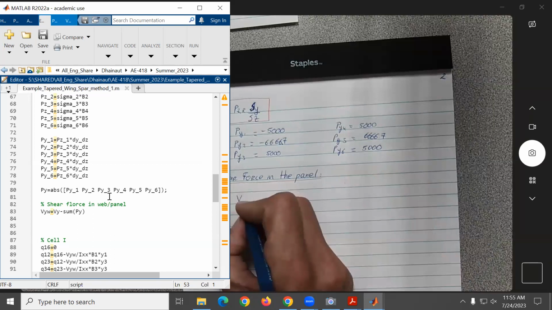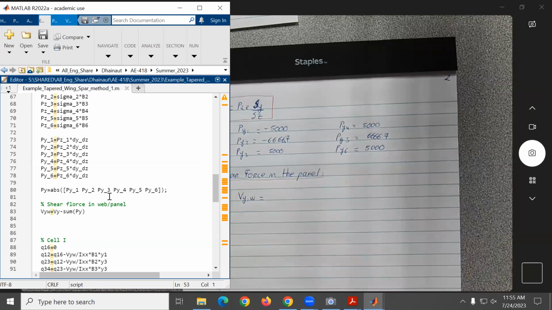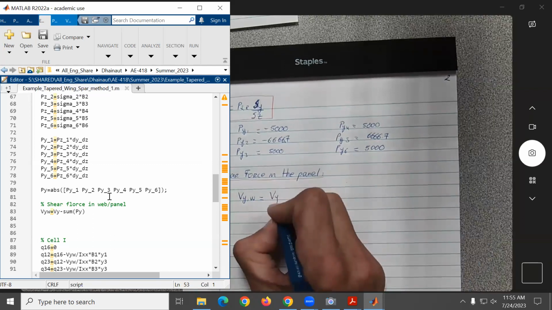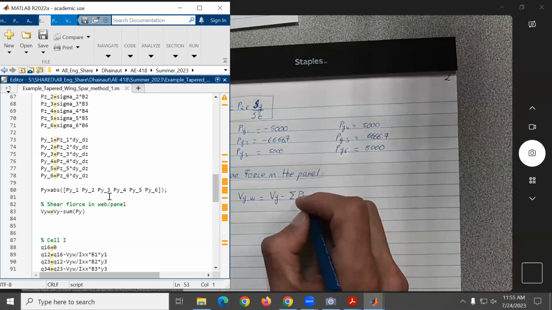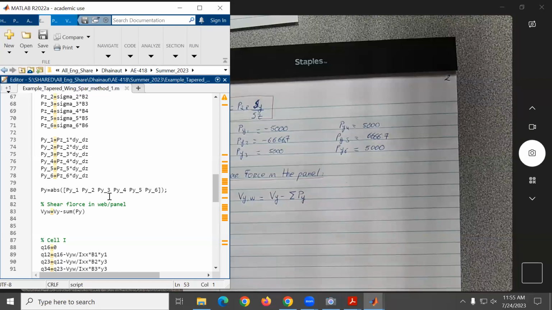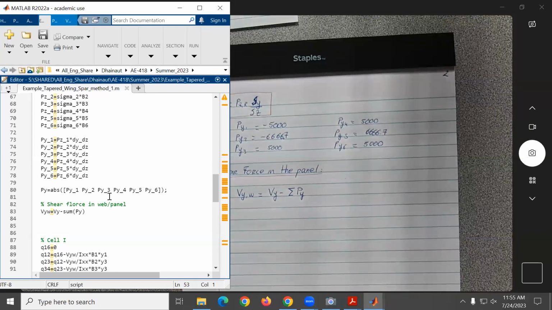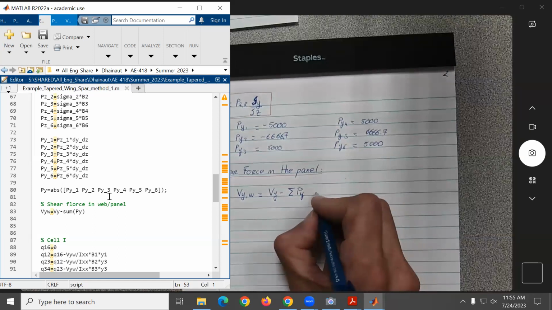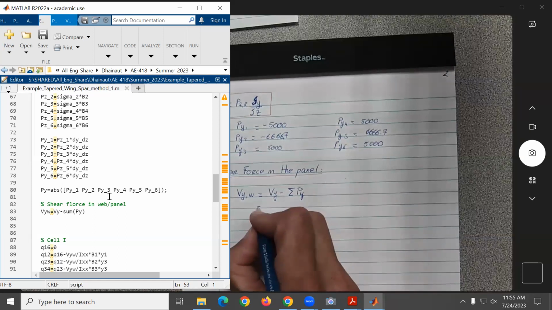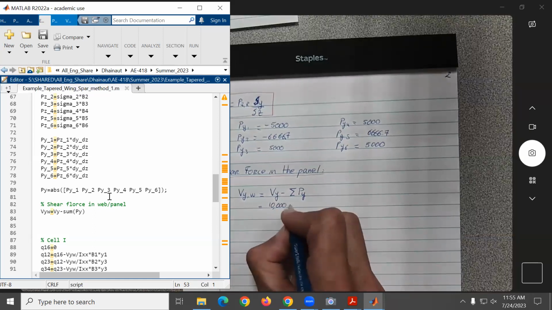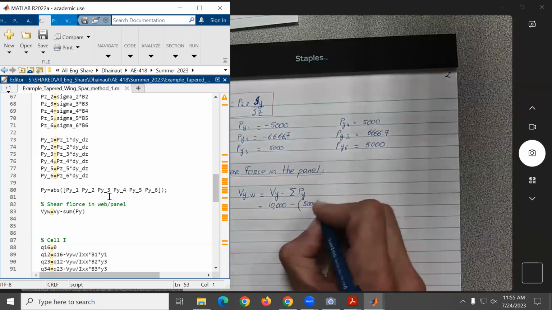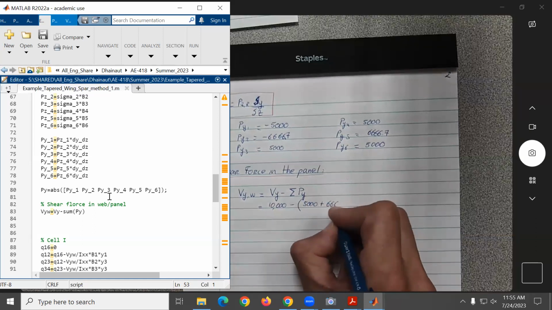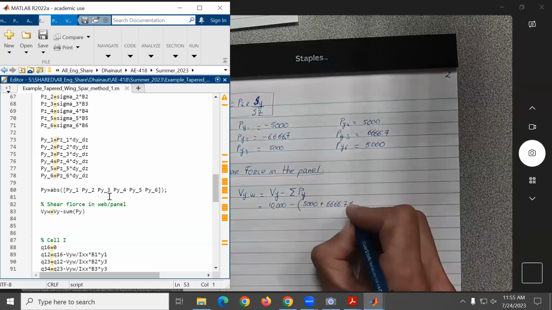We have Vw equal to the Vy, which is the external, minus the summation of all our P sub Y, sorry. So it should be 10,000 minus, you add all this stuff here, so it would be minus 5,000. Remember, just use the magnitudes.